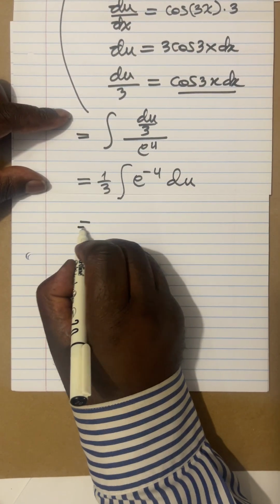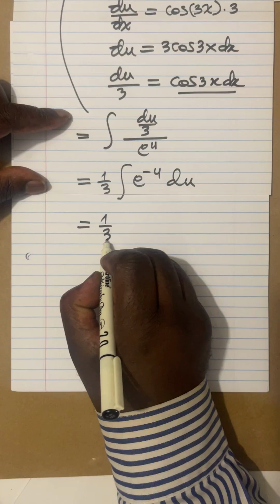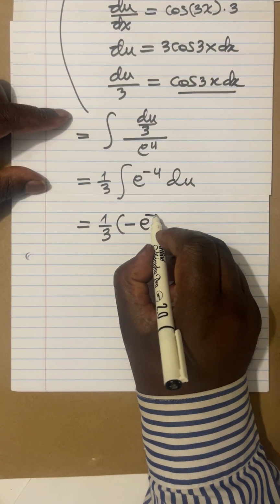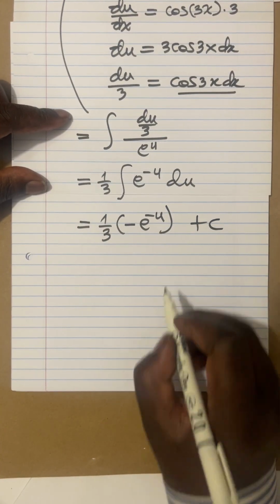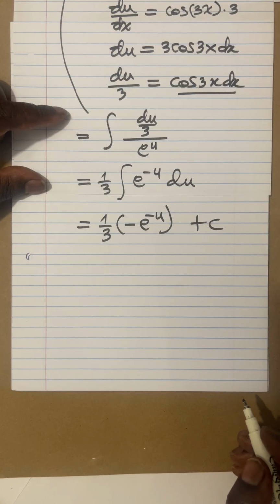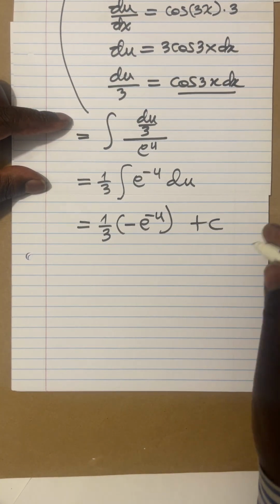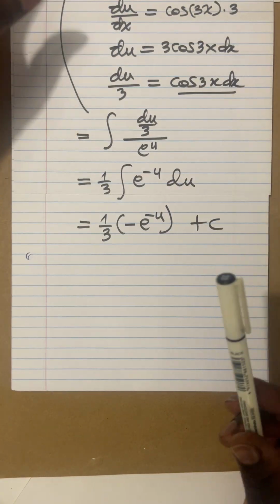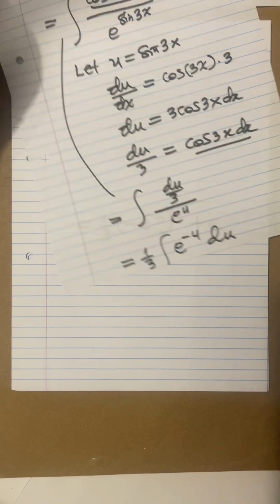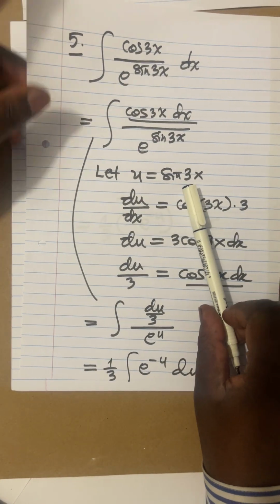And the integral of e to the power minus u is actually minus e to the power minus u. And then we have to say plus c because we're dealing with indefinite integrals. Now what is u? If you go back to our original variable, u is actually sine 3x.